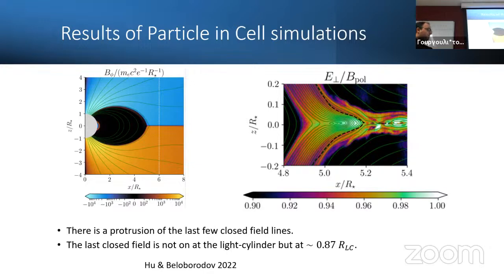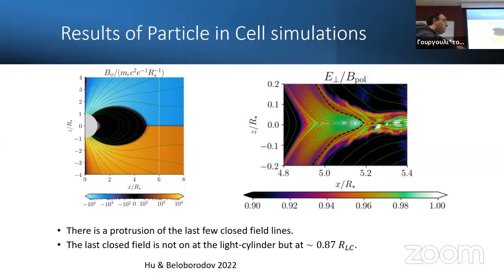Now, when they started solving this with particle-in-cell simulations, where the resistivity, which was significant in the other approaches, is treated differently, they found that the magnetosphere is not closing at the light cylinder. So here, in their units, in a paper by Hu and Beloborodov, the light cylinder is 6. It's not closing at 6, but it closes at around 5.2. So it's about 87% of the light cylinder.